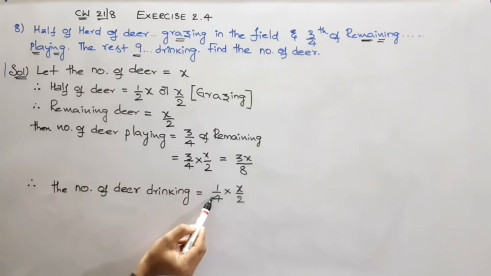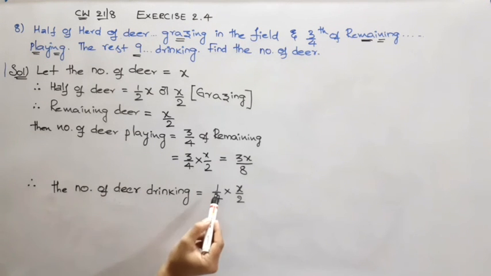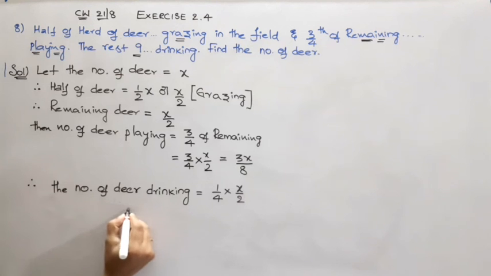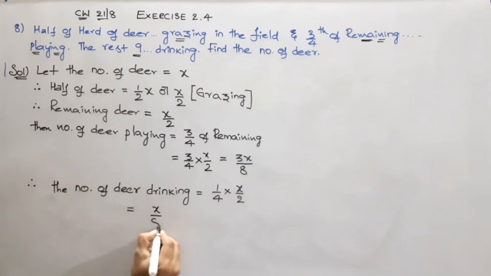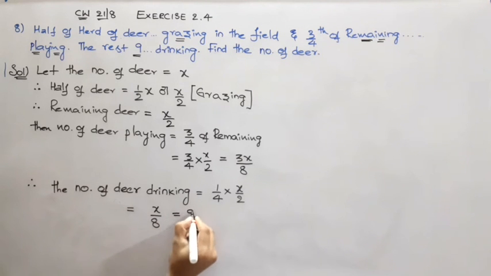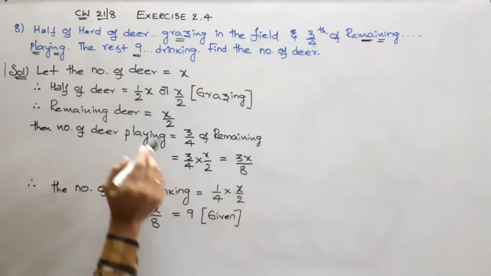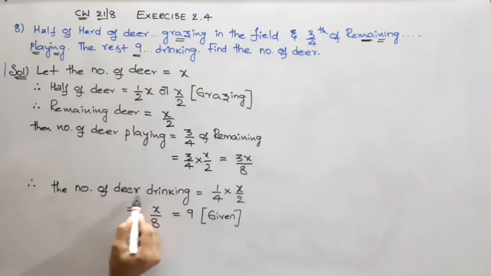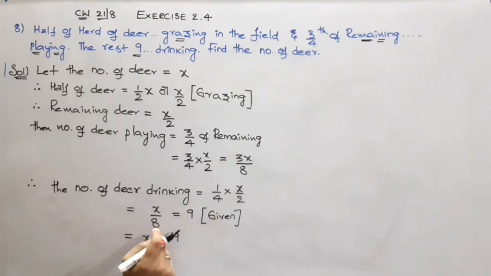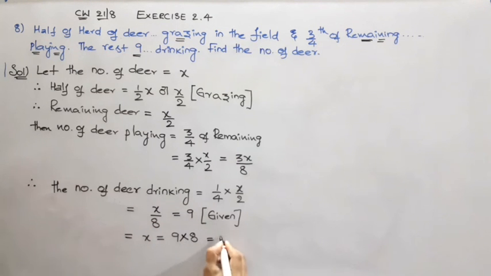What will be the leftover? 1 by 4, isn't it? 3 by 4 are playing means the leftover 1 by 4 are drinking. 1 by 4 into x by 2 is equal to x by 8. They are saying that this is equal to 9, because it was clearly given that the rest 9 are drinking. So x by 8 is equal to 9. Therefore, x is equal to 9 times 8; if we transpose to the other side, it has to go to multiplication. That is equal to 72.